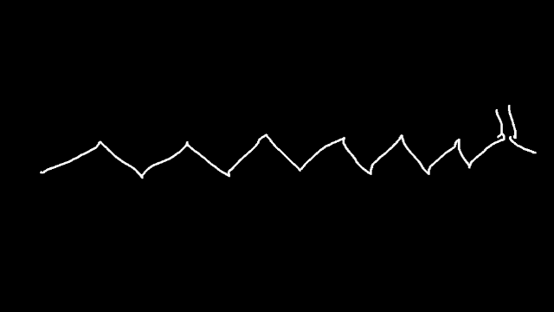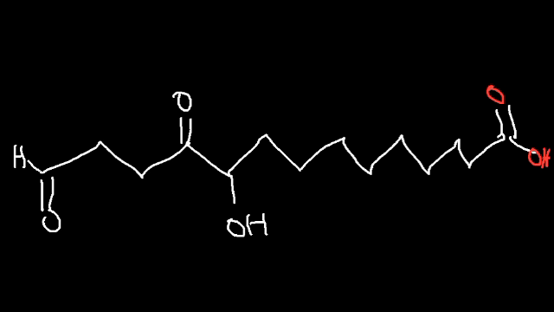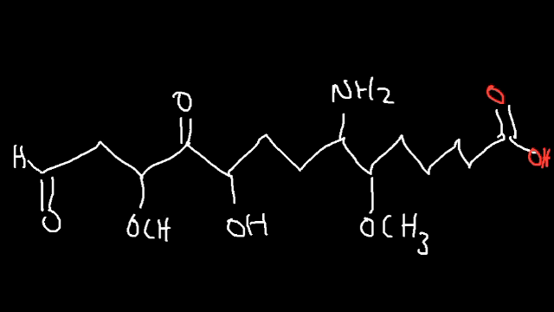Now whenever you have multiple functional groups, let's say like a carboxylic acid, an aldehyde, a ketone, an alcohol, an amine, an ether, you need to know which groups have priority. The carboxylic acid has the most priority, and after that comes the aldehyde.